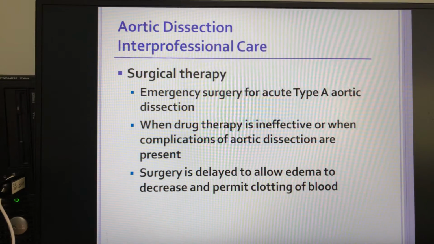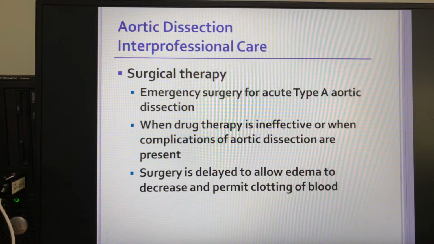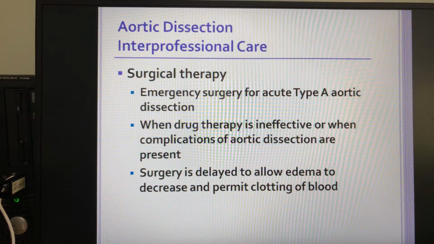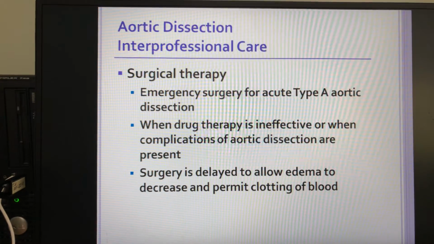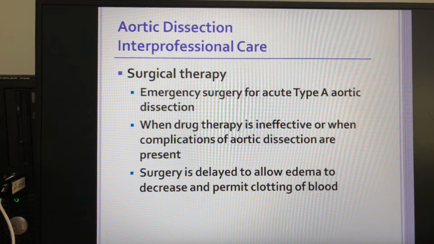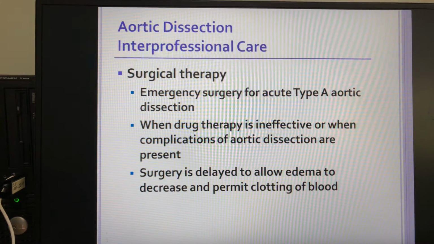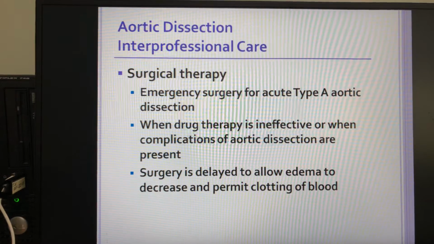So emergency surgery for acute type A aortic dissection is pertinent when drug therapy is ineffective or when complications of aortic dissection are present, and surgery is delayed to allow edema to decrease and permit clotting of blood.